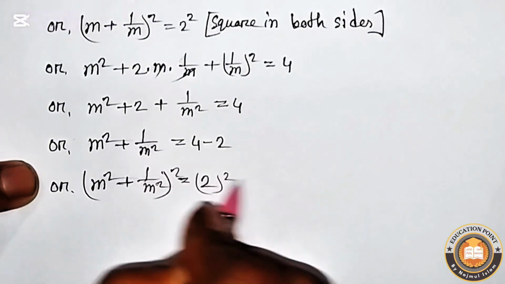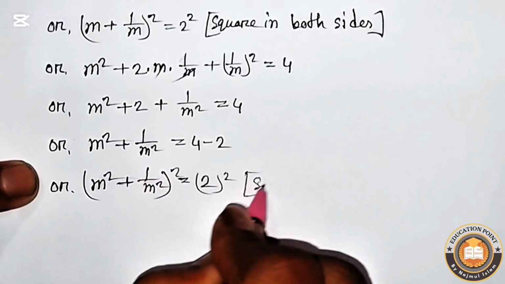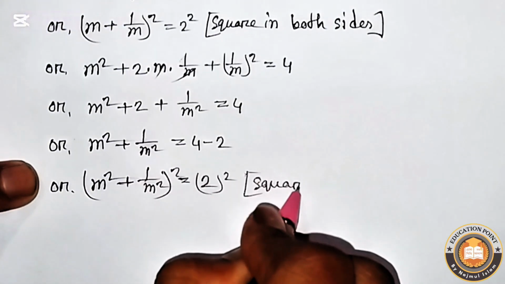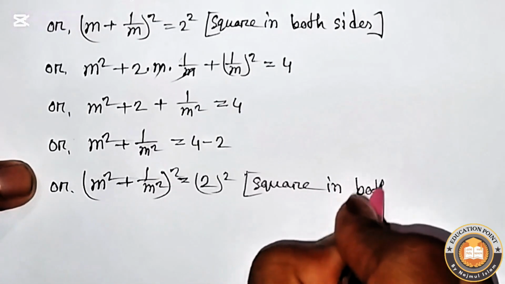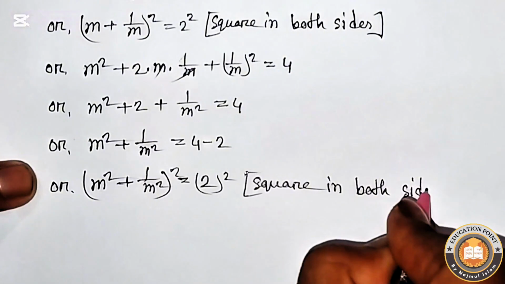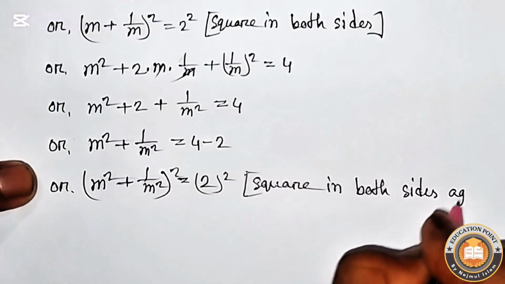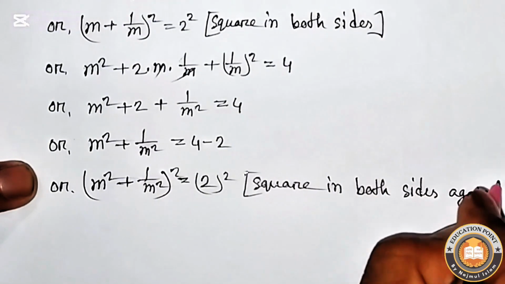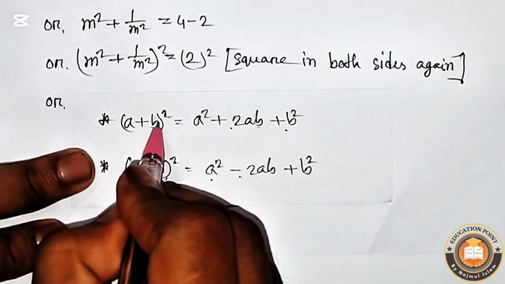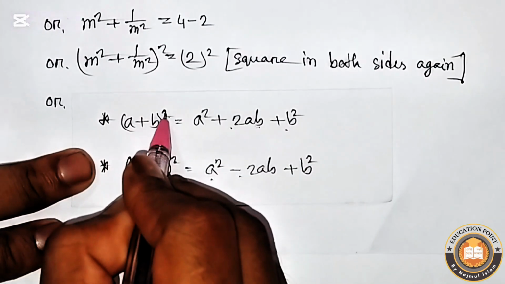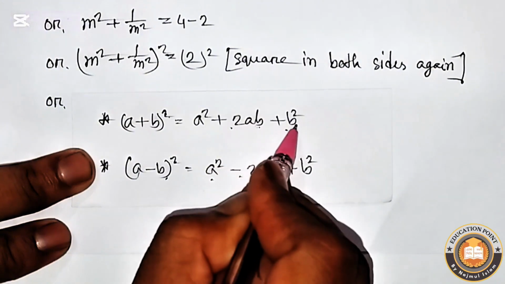Here square in both sides again. Or again we will apply the formula of a plus b whole square, that means a square plus 2ab plus b square.